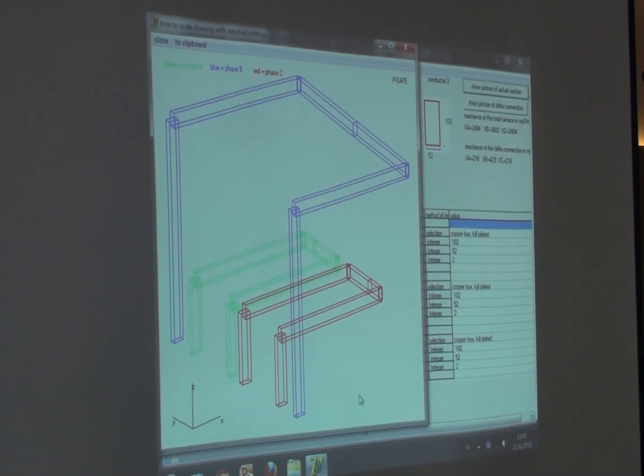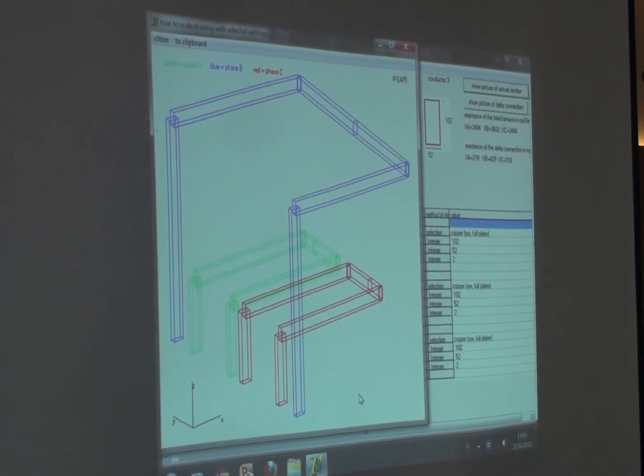I've also made a paper of this. I printed a paper of this example. Here's my paper. Yeah? We make this higher.